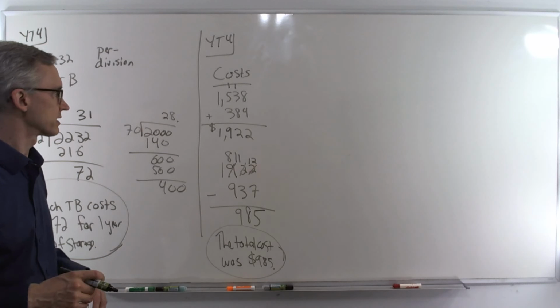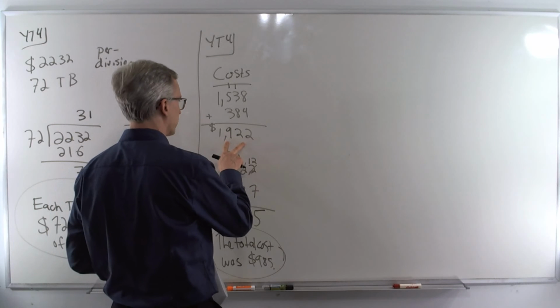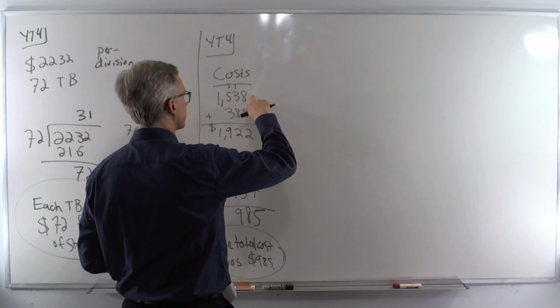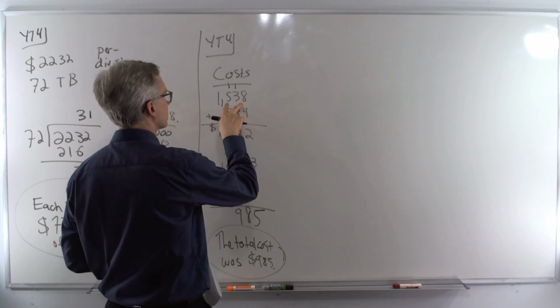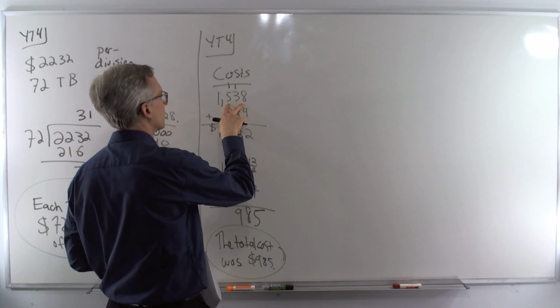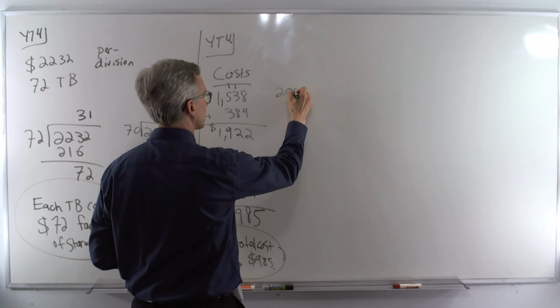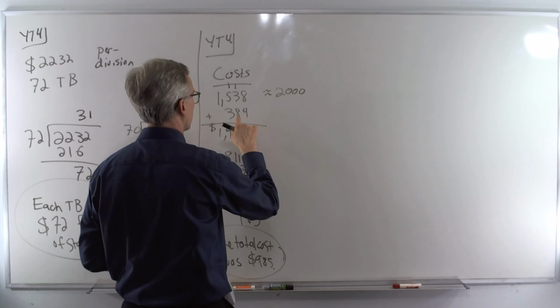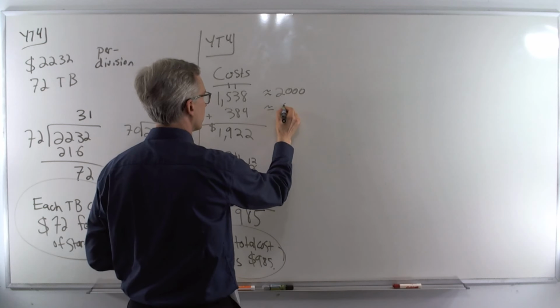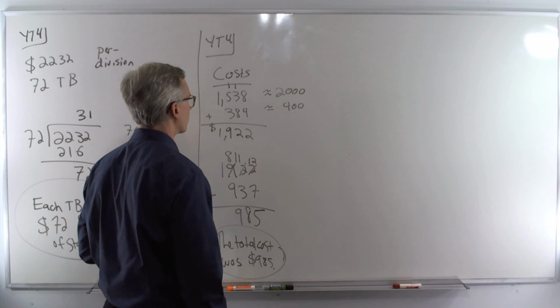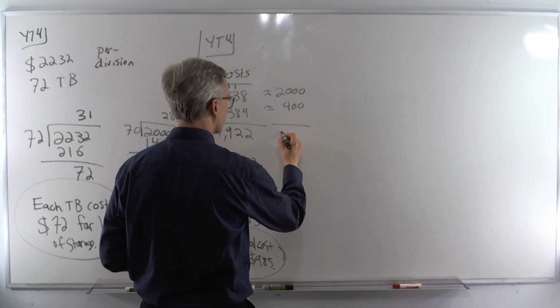Okay, so let's estimate here. We'll do these with their original values. So 1538 is going to round to 2,000. 384 rounds to 400. Add those together to get 2,400.